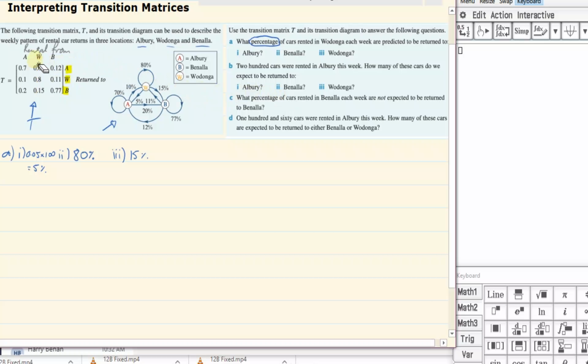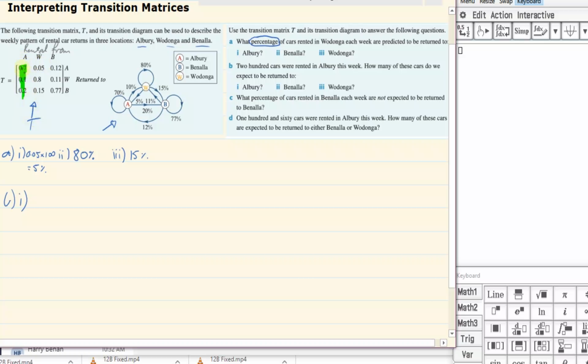So we are concentrating on Albury's column here, and we'll do the full working for the first one. 200 cars were rented in Albury, and how many of these were returned to Albury, Benalla and Wodonga?